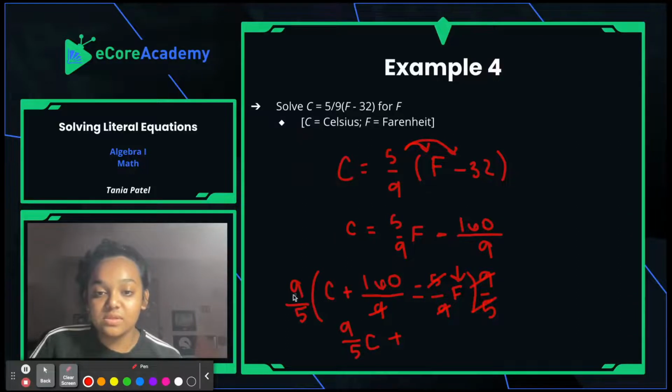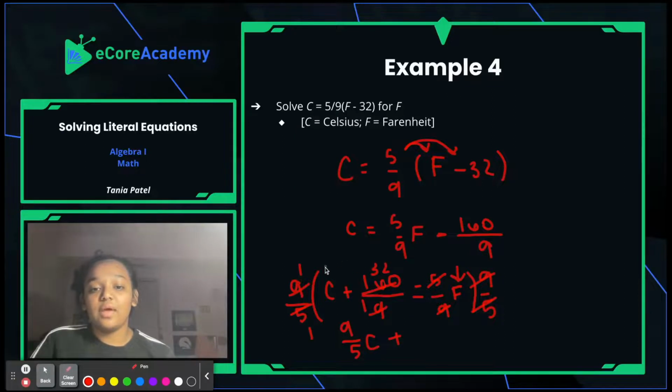We know that this is going to cancel out, so 1, 1. We know that this is also going to cancel out because 5 fits into 160 32 times. And we know that 32 times 1 is 32 over 1 times 1 is 32. So 32 equals over lonely f.